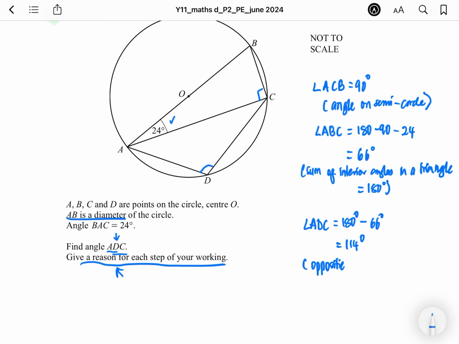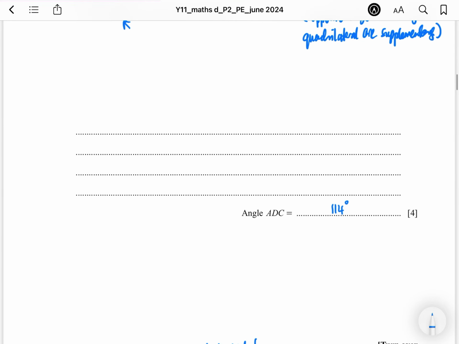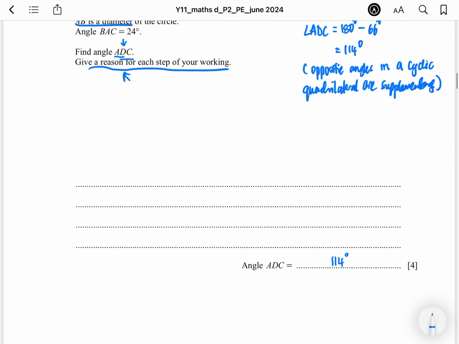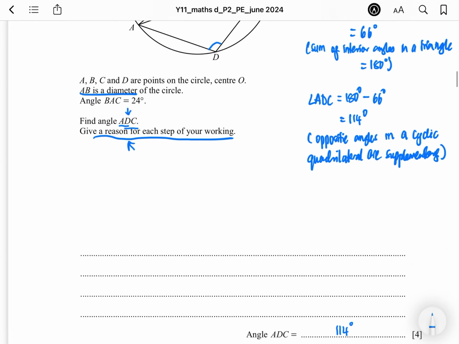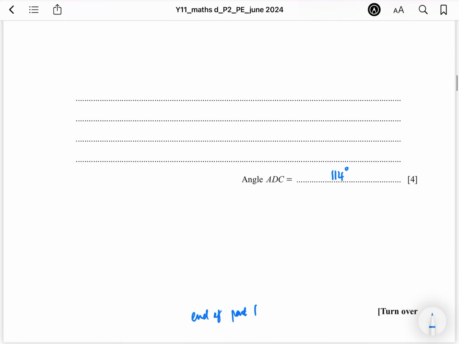Opposite angles in a cyclic quadrilateral are supplementary. Remember, supplementary means the sum of the angles is equal to 180. So that means angle ADC is equal to 114. Okay? And that's the end of part 1.